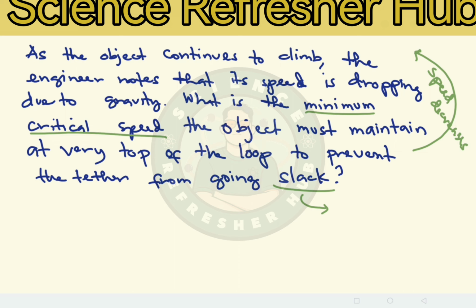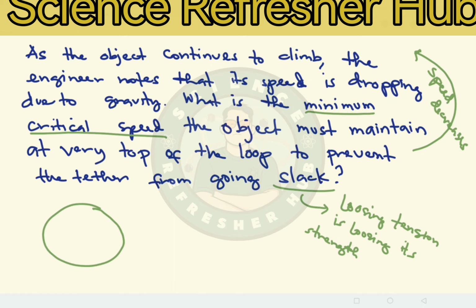When you encounter the word slack, it's just like losing the tension, or the tether is losing its strength, for example. Okay, so what is that minimum speed that is needed at the top part?